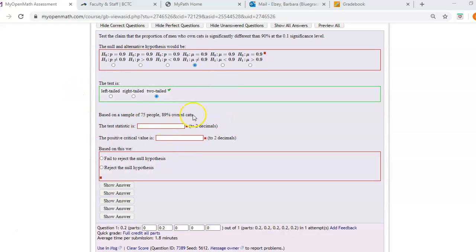And I should have checked because it's not asking us for the p-value, just the test statistic, so that's okay.